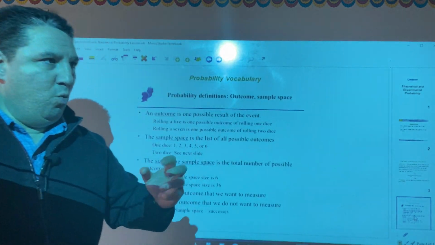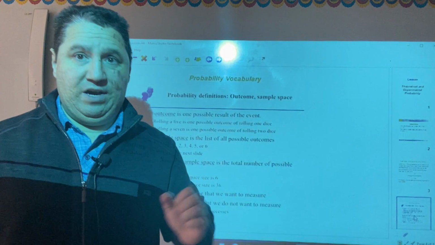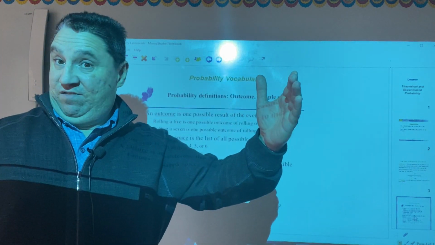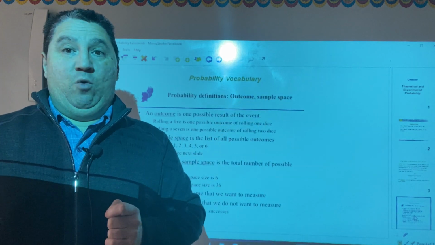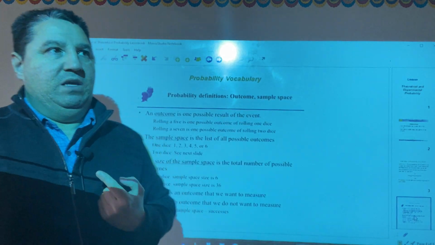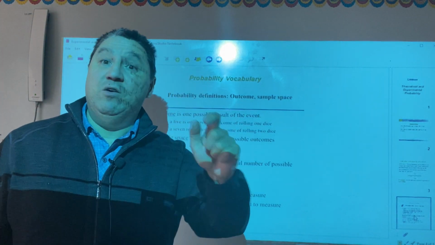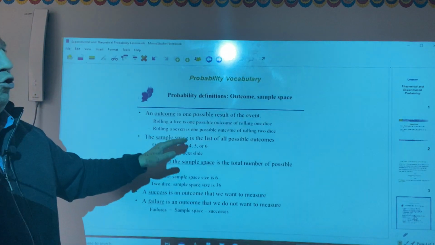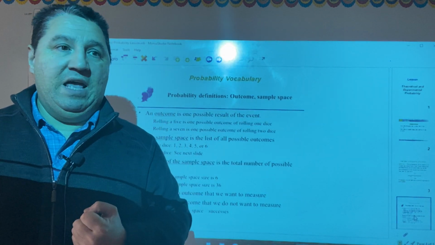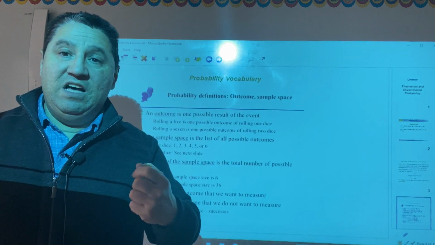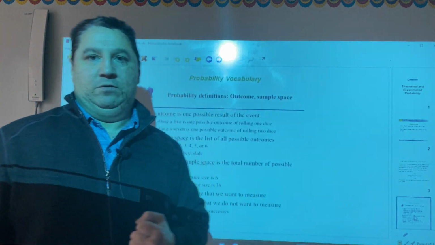For example, when you roll a dice, rolling a 5 is a possible outcome of rolling a dice. Rolling a 7 is a possible outcome of rolling 2 dice, and so on.